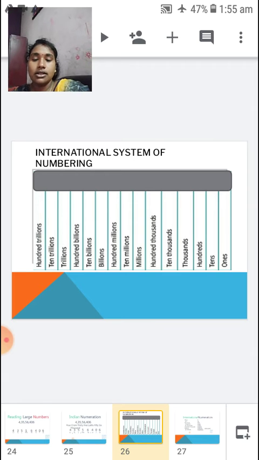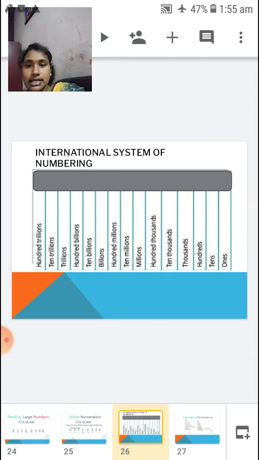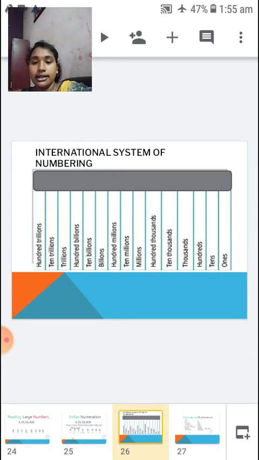Okay children, so we have three things that are different between the Indian and international systems. The first is we don't have any 100,000s in the Indian system, whereas we have 100,000, 100 million, 100 billion and 100 trillions in the international system of numbering.